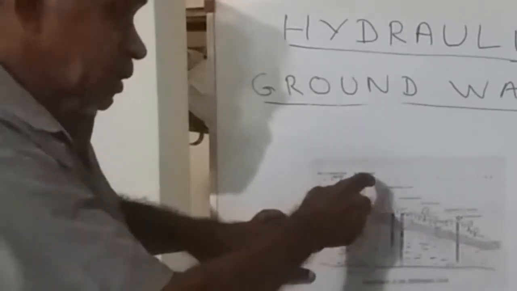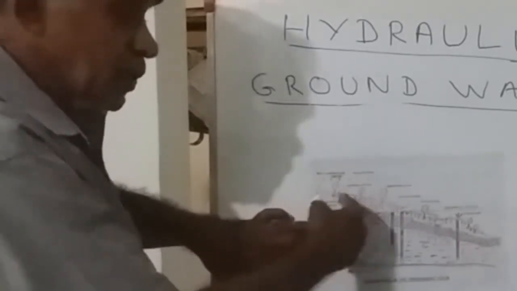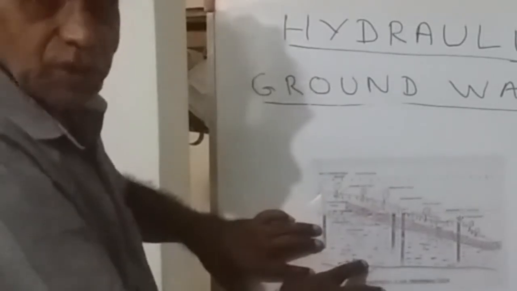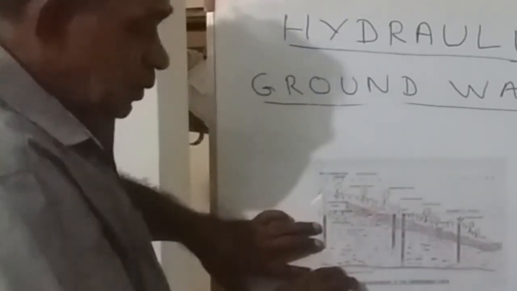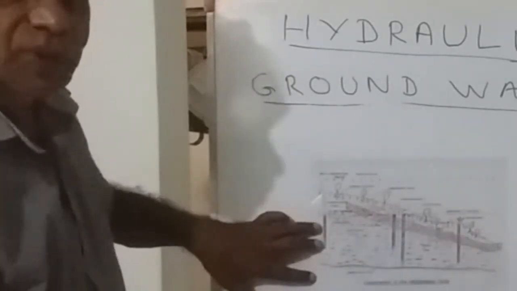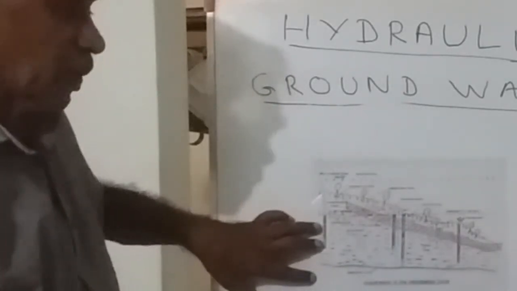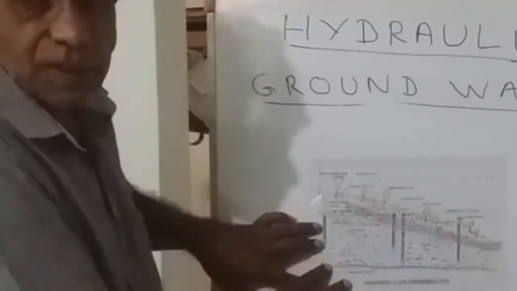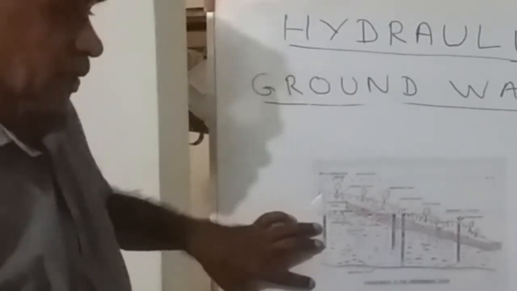When the rate increases, it comes down as rainfall again. So this forms what is known as the hydrological cycle. So we can see that groundwater is also one part of the hydrological cycle. It is no doubt that groundwater is a part of the hydrological cycle.